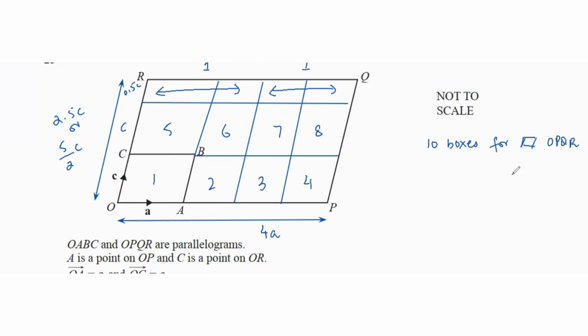And for the parallelogram OABC, we have 1 box. So now if we write the ratio of the area of OABC to OPQR, that's going to be 1/10. That is your answer.